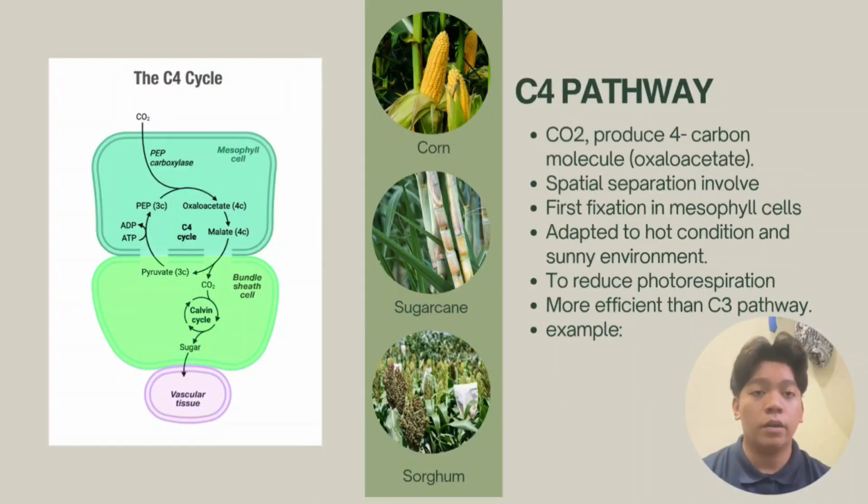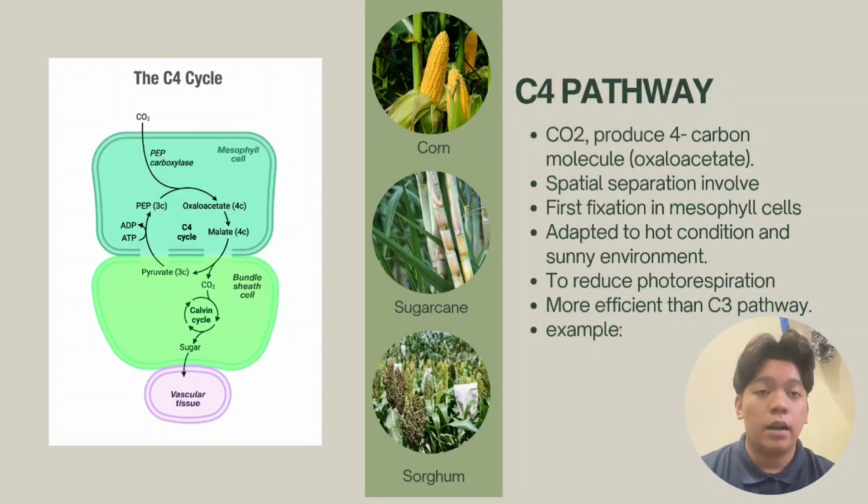Now let's move on to the C4 pathway. In this pathway, carbon dioxide is fixed first to a 4-molecule compound, which is called oxaloacetate. In the C4 pathway, it has a special separation, where the first fixation occurs in the mesophyll cell before moving to the bundle sheath cell.